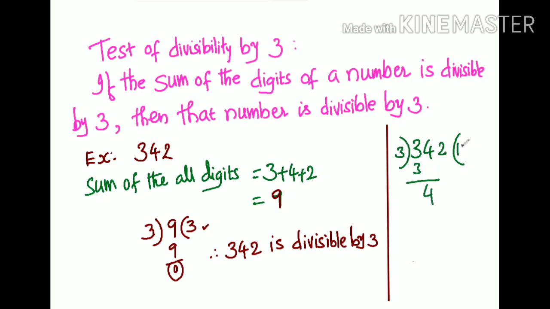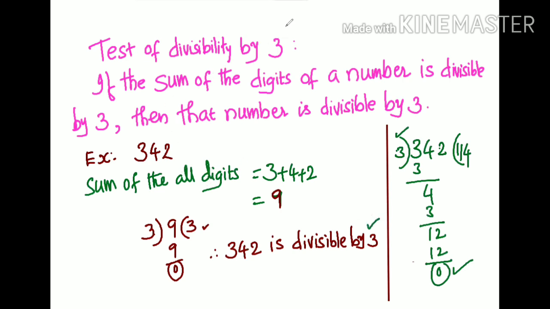Bring down 4. 3 1s are 3. 3 4s are 12. Yes, we got remainder 0. That means 3 divides 342. So 342 is divisible by 3. So the rule is verified.